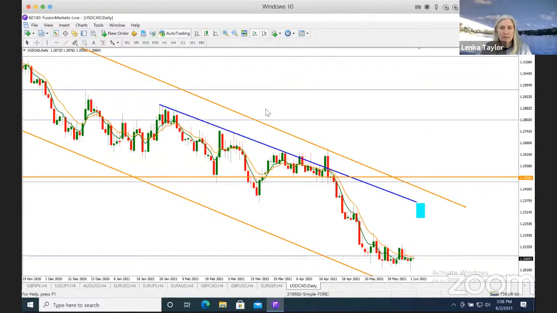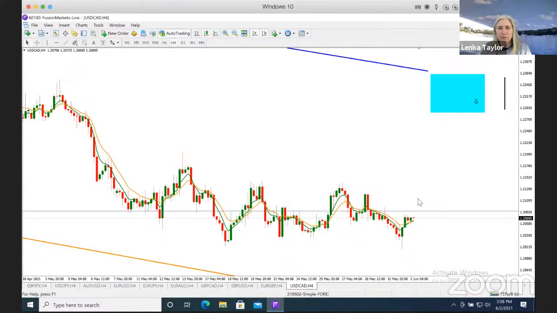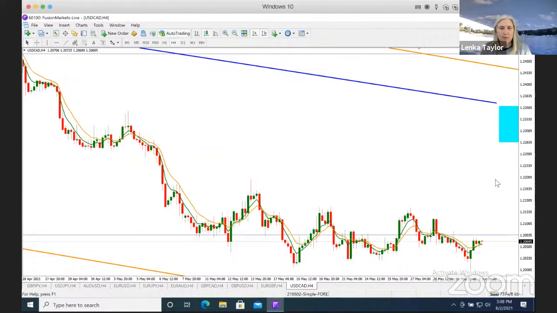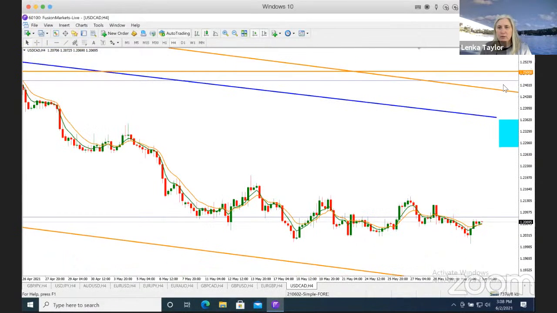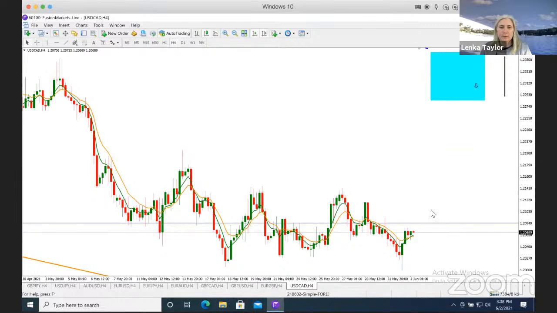The daily, so looking for a bit of a crossover there of the EMAs. And then in terms of the price action on the 4-hourly, looking for the price to go a bit further up, at least to the top here, all the way to the trend line, or even all the way to the horizontal level. So looking for a pullback further up before going short on that one.